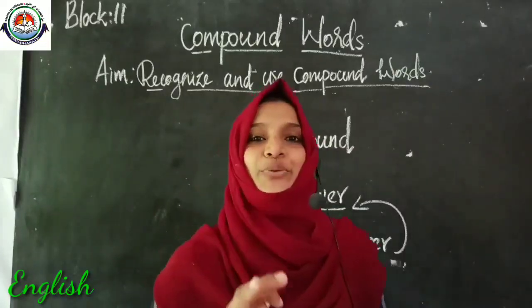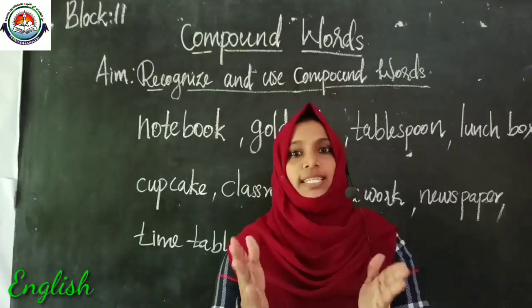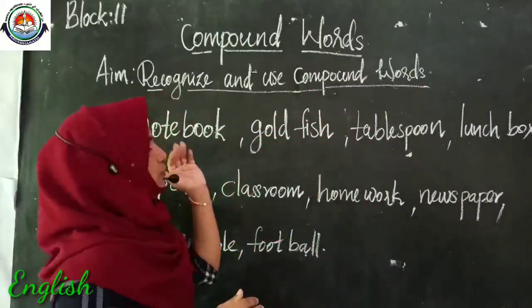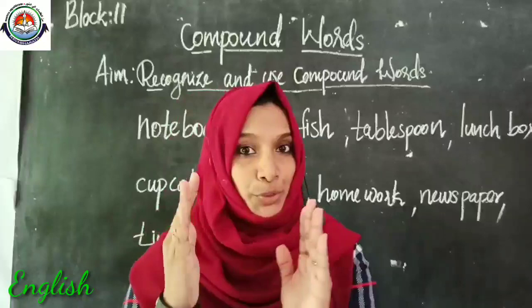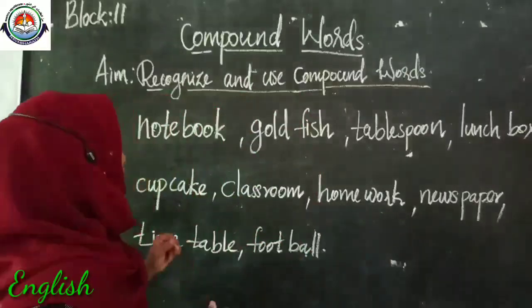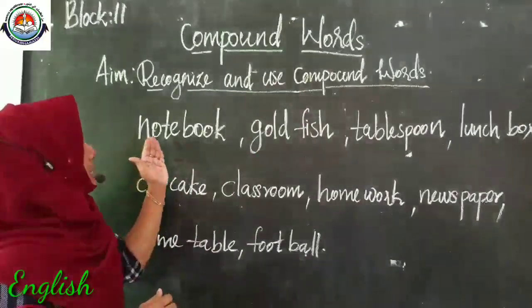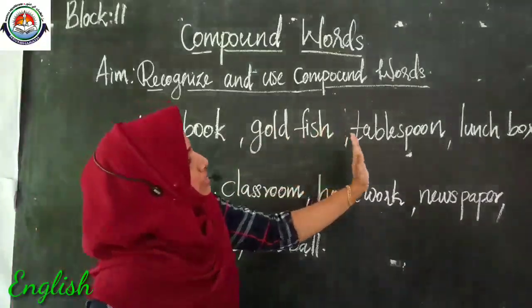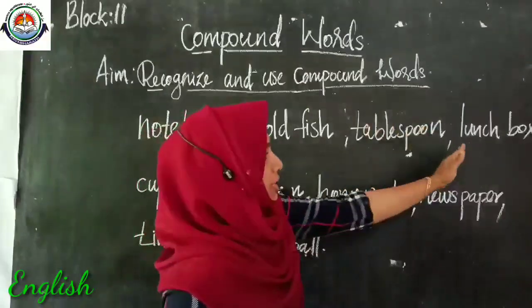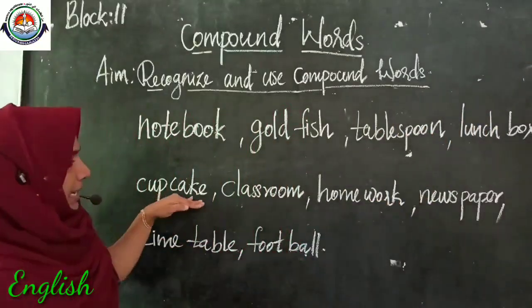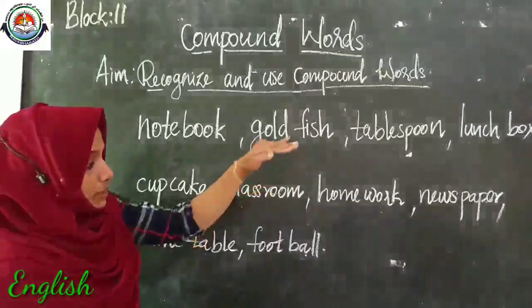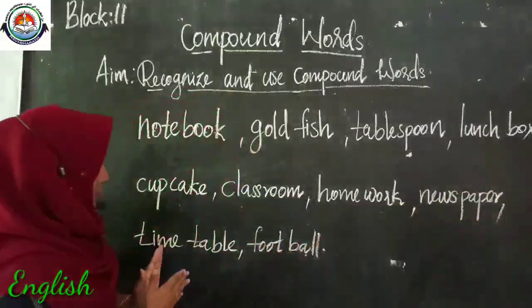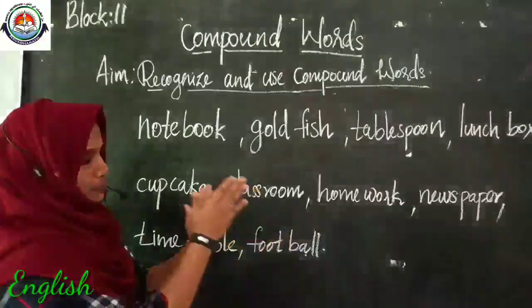So now let's read some words. Here I have written some words. I'll read these words and you will repeat them after me. Let's start. Notebook, goldfish, tablespoon, lunchbox, cupcake, classroom, homework, newspaper, timetable, and food bowl.